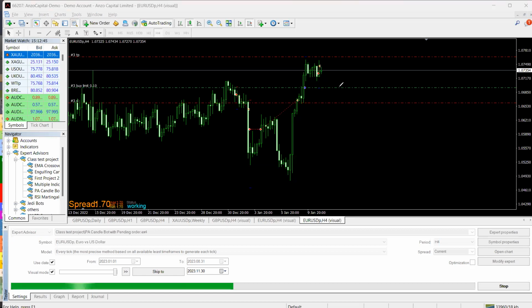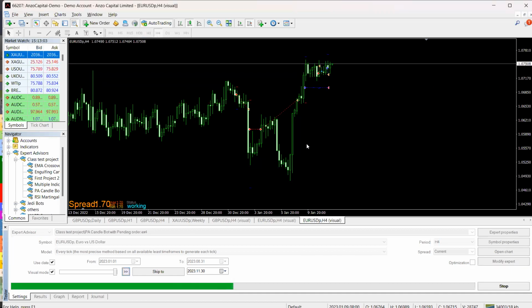But this bullish engulfing is still valid because another bullish engulfing has not shown itself. So what I'd like to see is another bullish engulfing, and then let it delete this old one. I'd like to see that our bot is doing exactly that. So let's keep going.